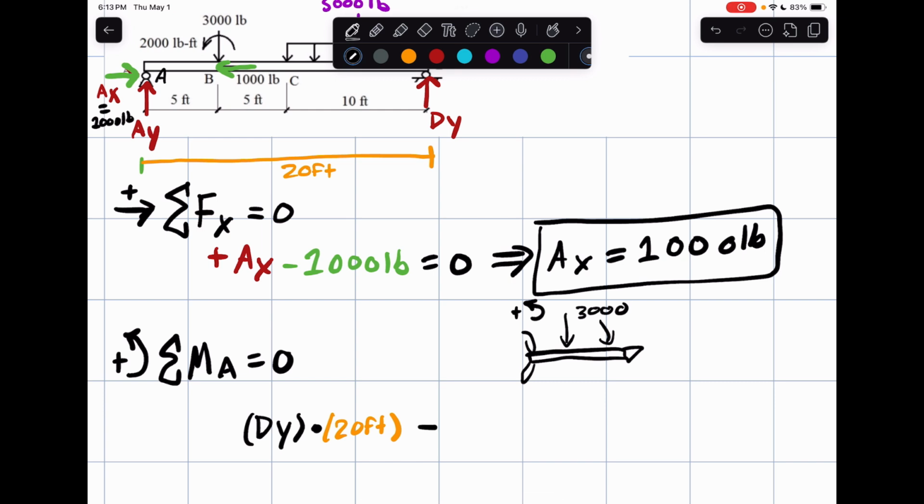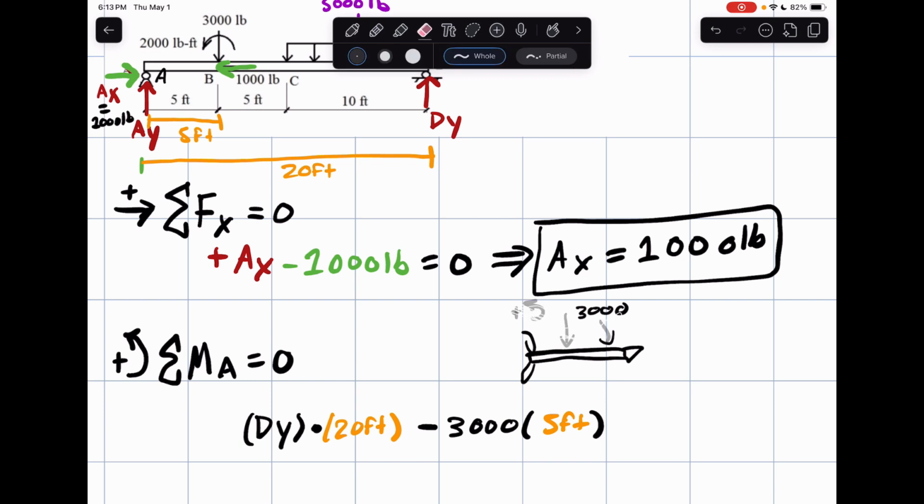So our next force is going to be negative 3,000, and we have to multiply it by its distance from A, which is 5 feet. So we're going to multiply by 5 feet here.